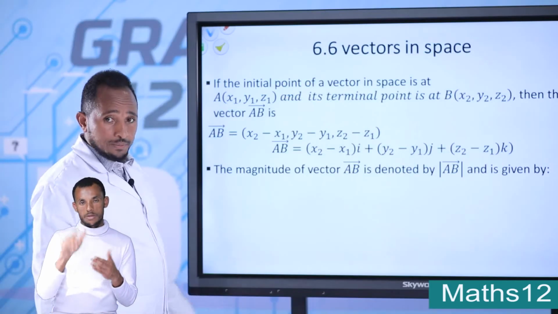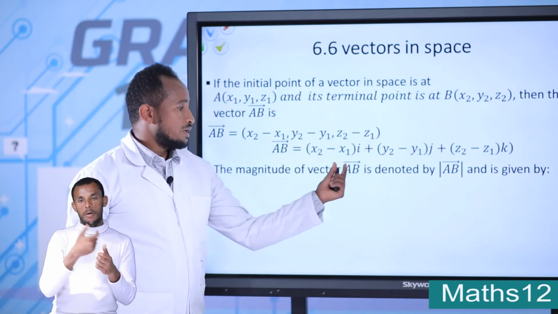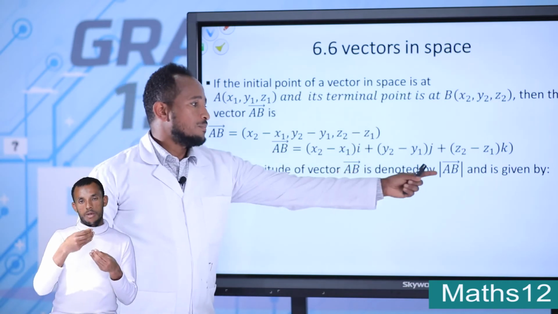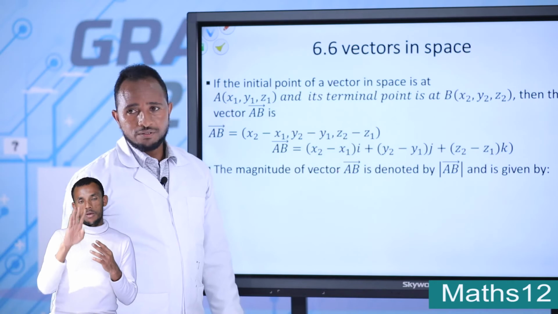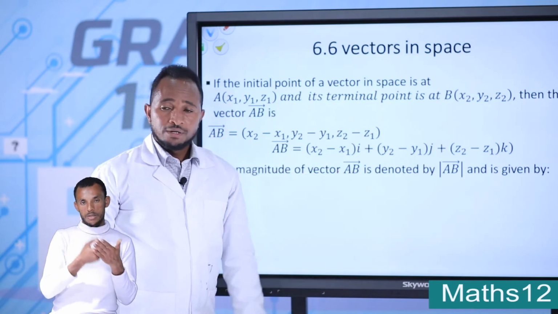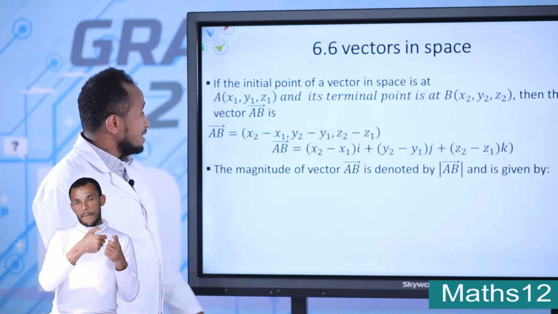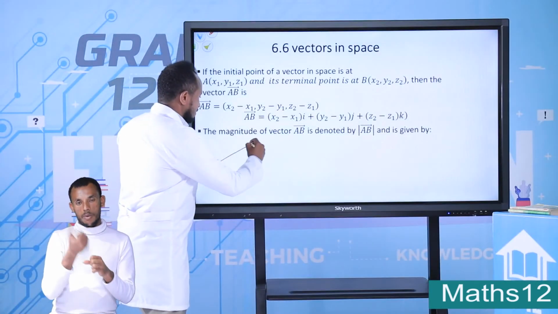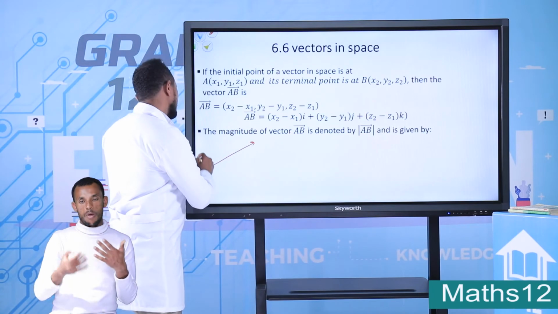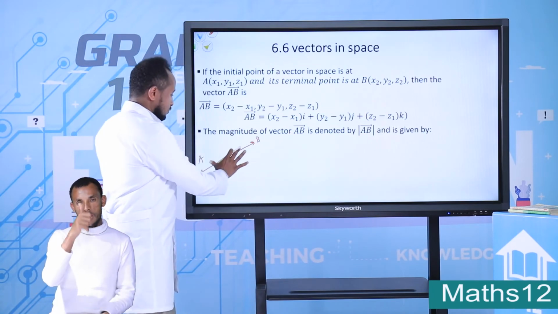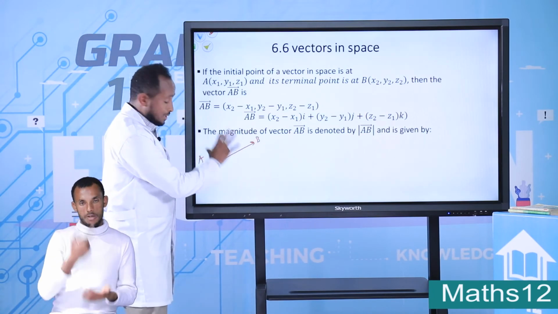And the next concept: the magnitude of a given vector AB is denoted by this symbol, and it is simply the length. So you will apply the distance formula. You have two points, A at (x1, y1, z1) and B at (x2, y2, z2). We need to find this length, the magnitude.